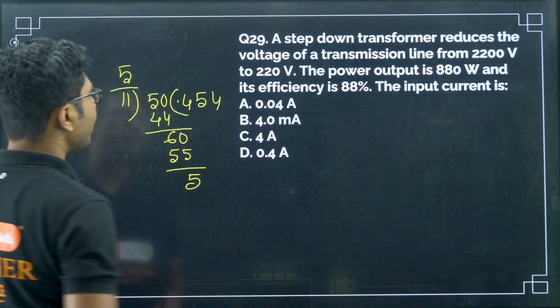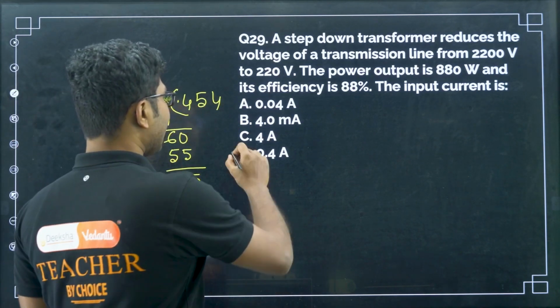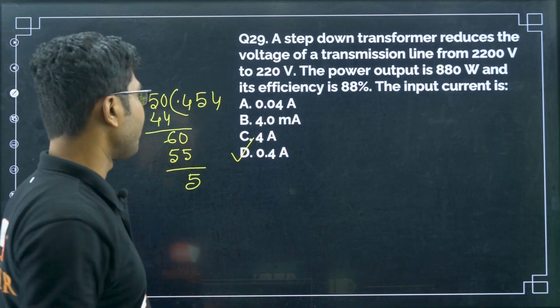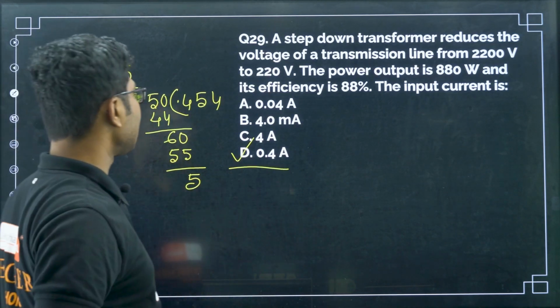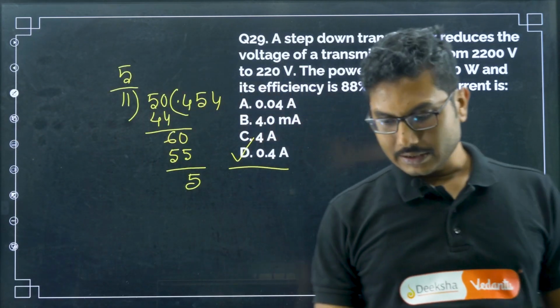So 0.4545, it will continue. The correct answer is option D, 0.4 ampere. From the given options, this is the correct answer, no other answer is correct, right.